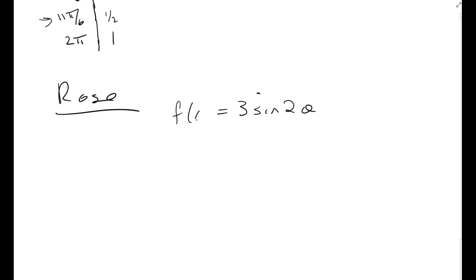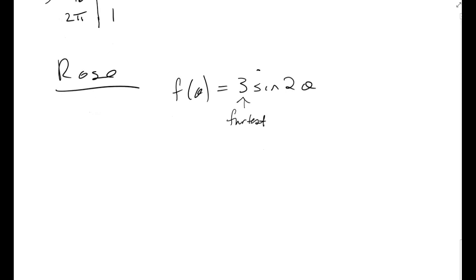So you can even call this f of theta. It doesn't have to be called r equals. So here's the deal. This number represents the furthest that any petal is away from your origin. All right. And this value represents the number of petals. And I'll talk about petals in a minute.